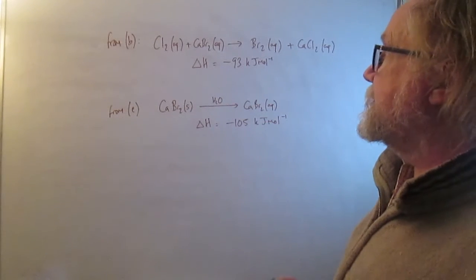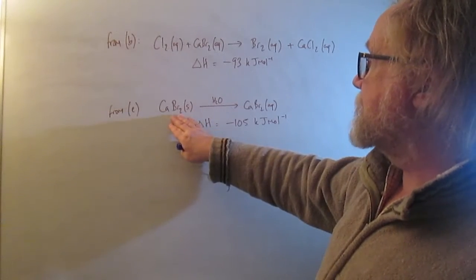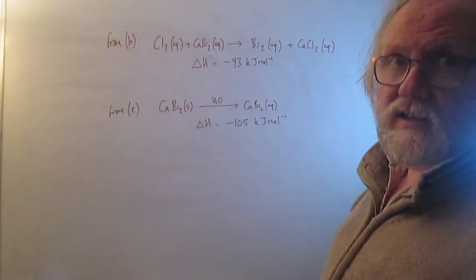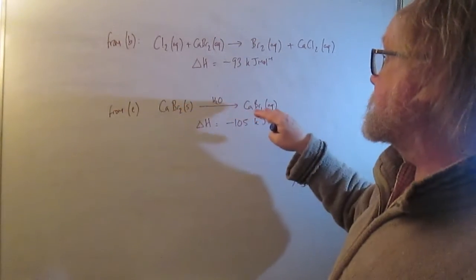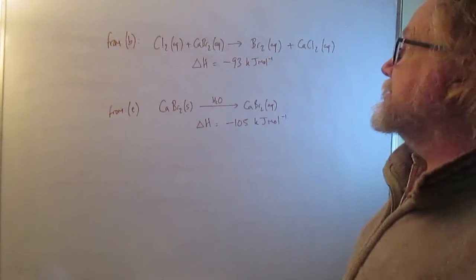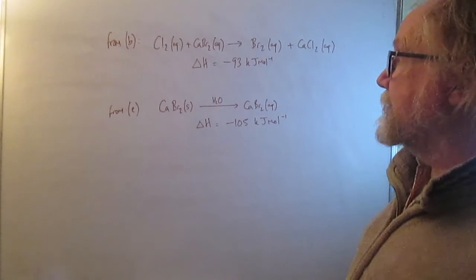So you can see that if we want to start with calcium bromide solid and add it to chlorine, we have to do these 2 steps successively. We have to get that into solution, and then we have to do the reaction. And so you can sort of see what the answer is going to be really just by thinking that through.